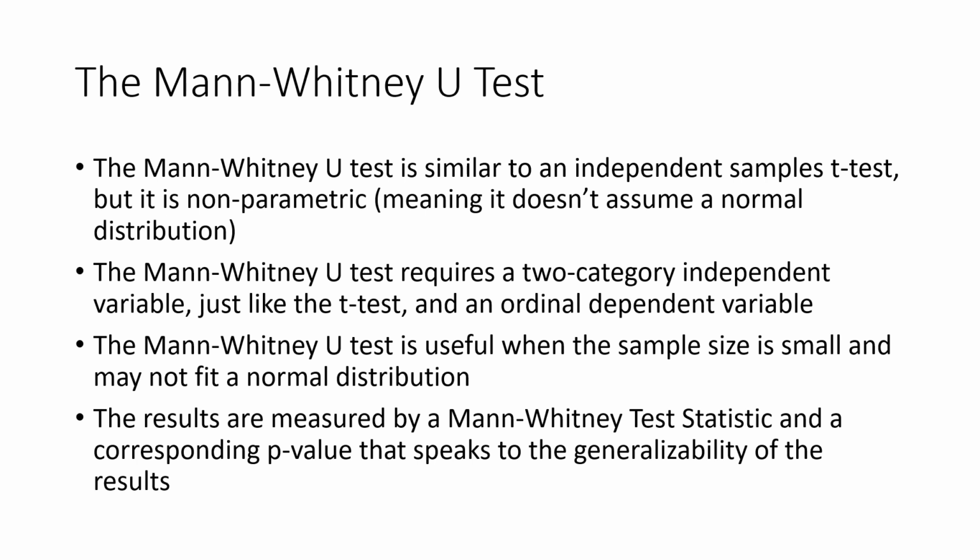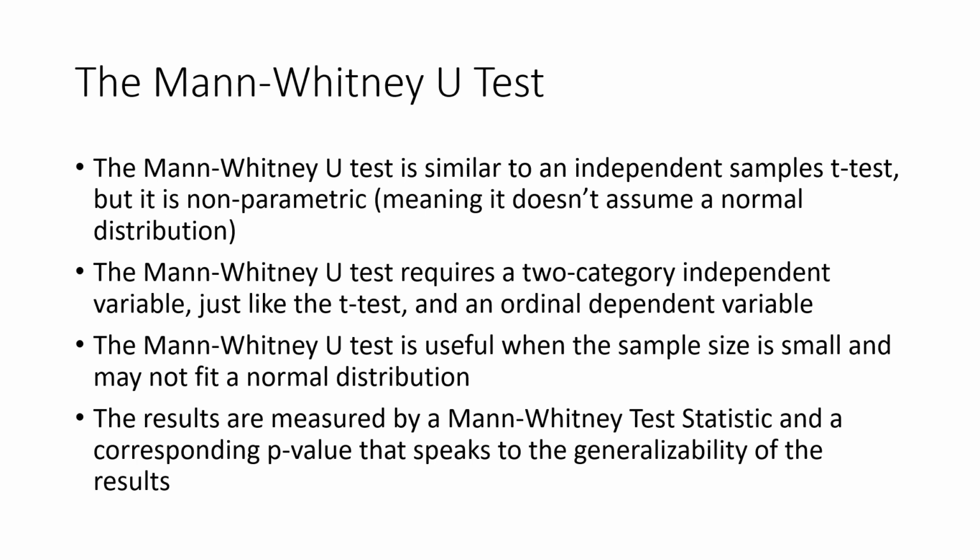So it requires a two-category independent variable, just like the t-test, but instead of using scale variables, it uses ordinal dependent variables. One of the advantages of the Mann-Whitney U test is that it's quite useful when your sample size is small and, as a result of the small sample, your ordinal variable doesn't appear normally distributed.